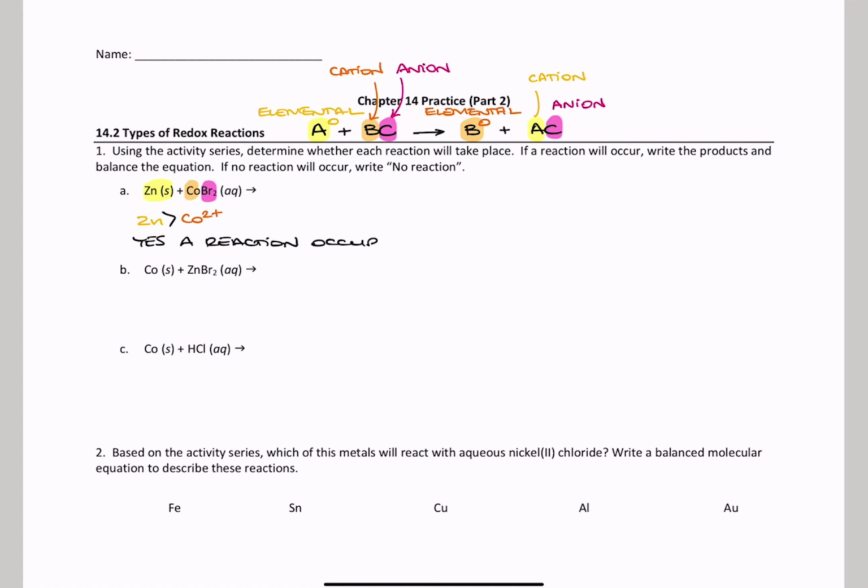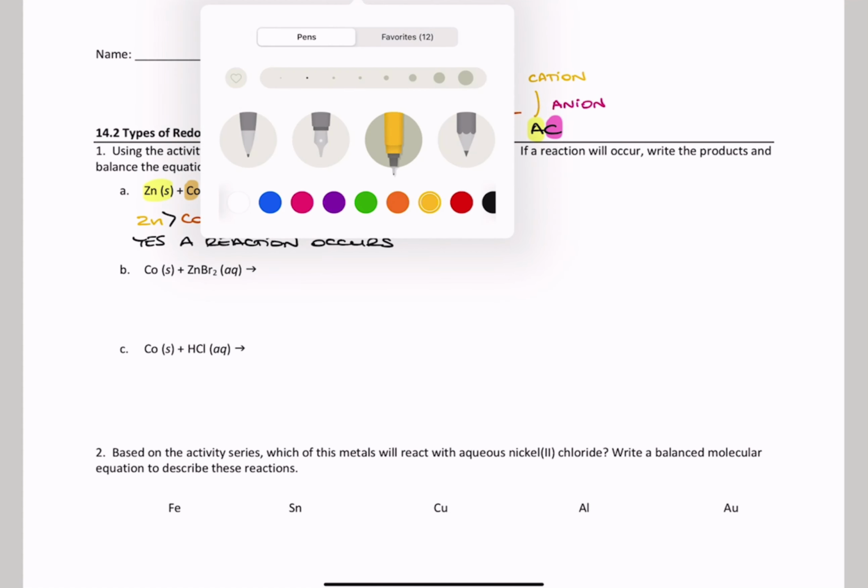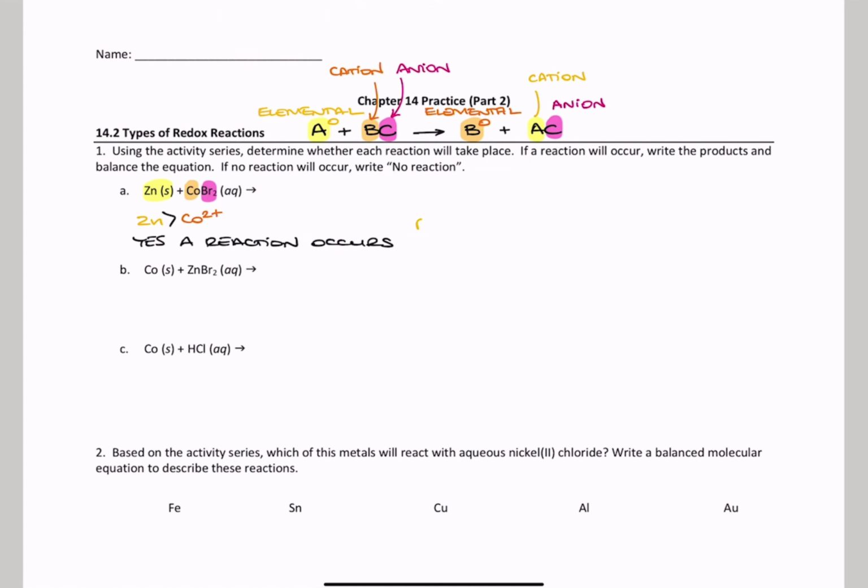So now that we know that a reaction occurs, we have to predict the products. So what's going to happen? A, which is the zinc, elemental, so no charge, oxidation state of 0, will become the cation A. So what's the cation that the zinc forms? It's Zn2+.